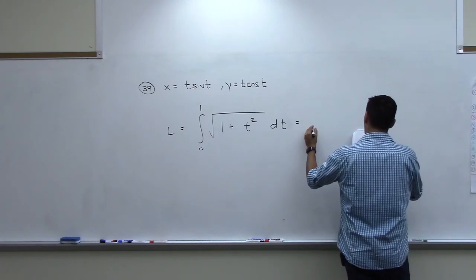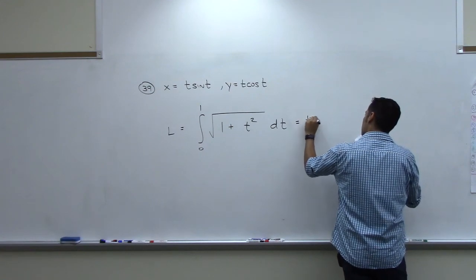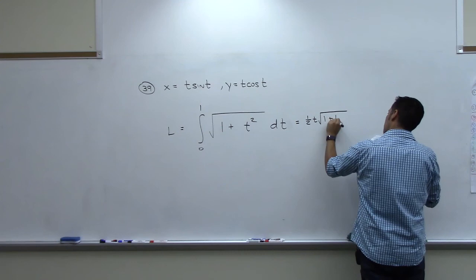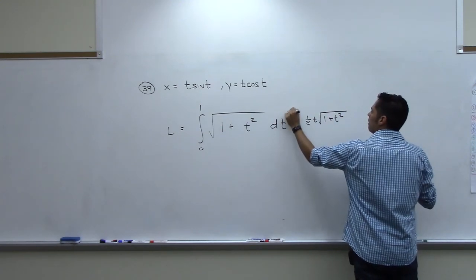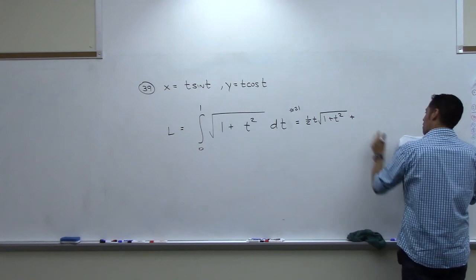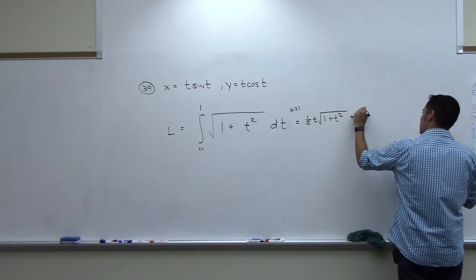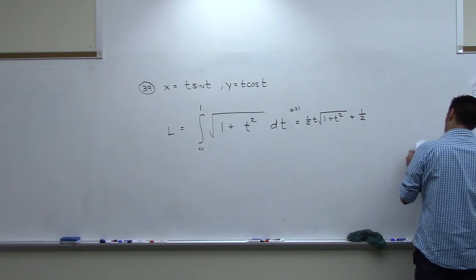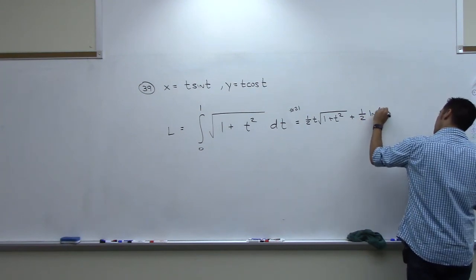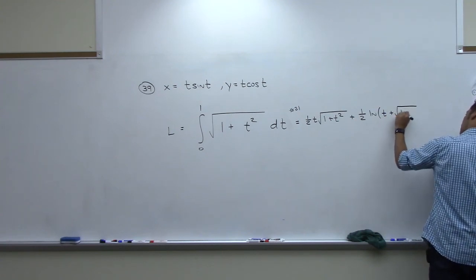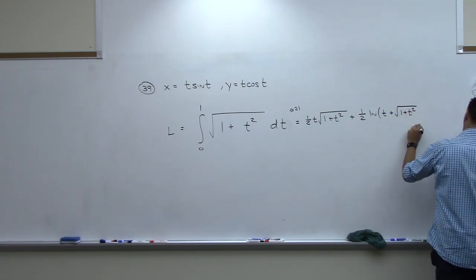So t over 2, so 1/2 t root of 1 plus t squared is formula 21. And then plus a squared, a is 1, so 1 squared over 2, which is that. And then natural log of t plus square root of 1 plus t squared.